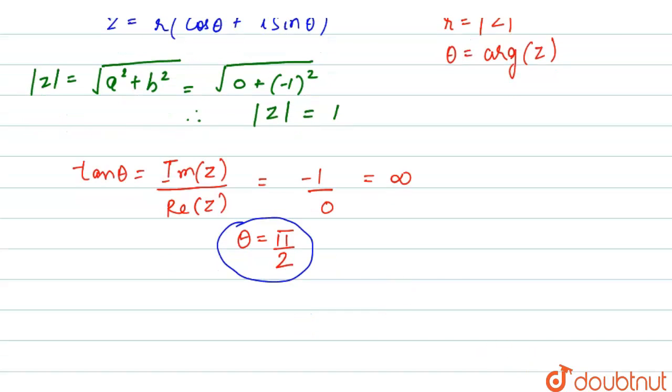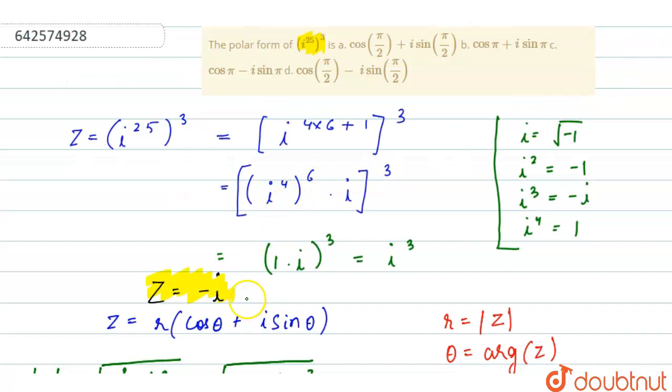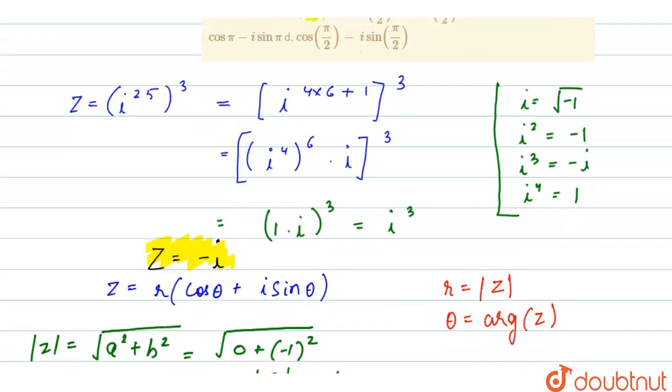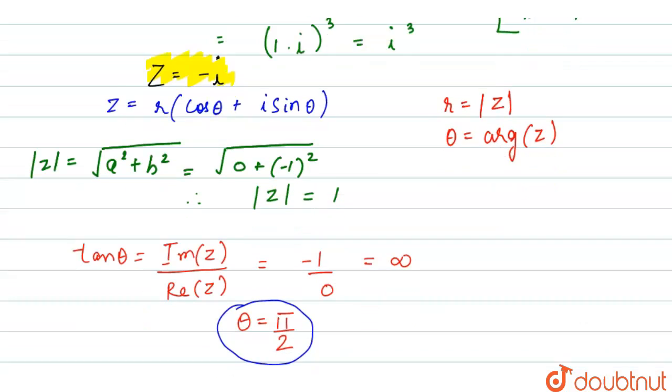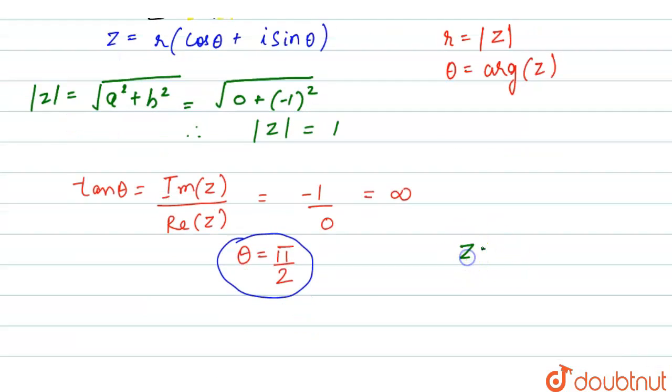Now as we can see, z lies in the fourth quadrant. Why? Because z is 0 plus minus iota, that is, z is in the form a plus iota b, where a is 0 and b is equal to minus 1.